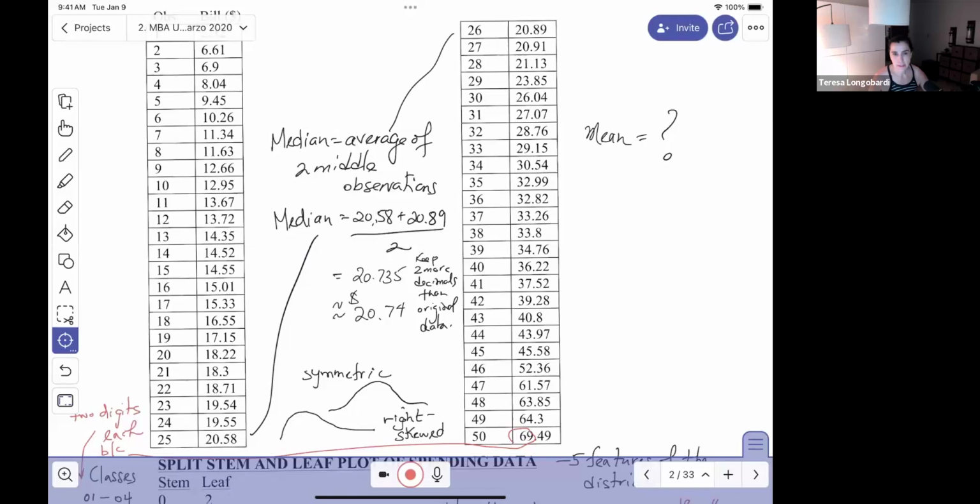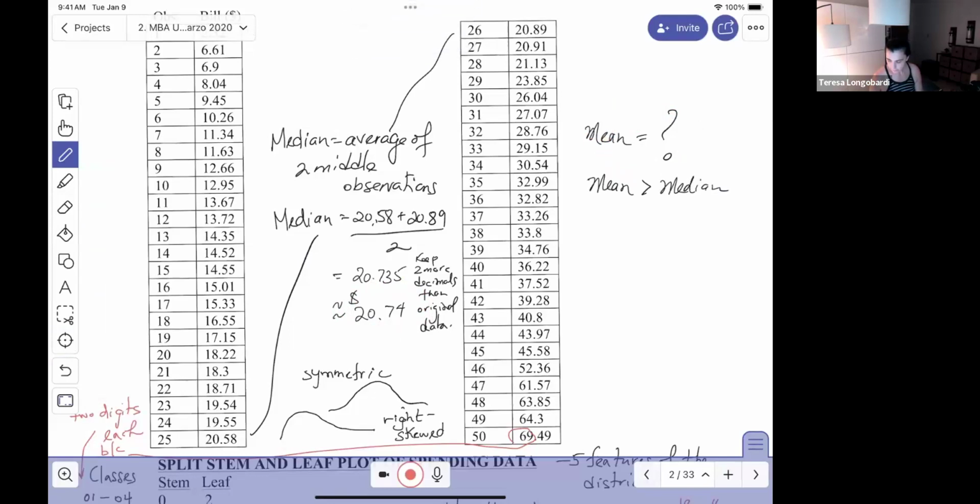I have it calculated somewhere, but in this problem, because the data are skewed, we don't use the mean. We actually refer to the median as the center, because if you do the mean calculation it comes out to a much higher number.